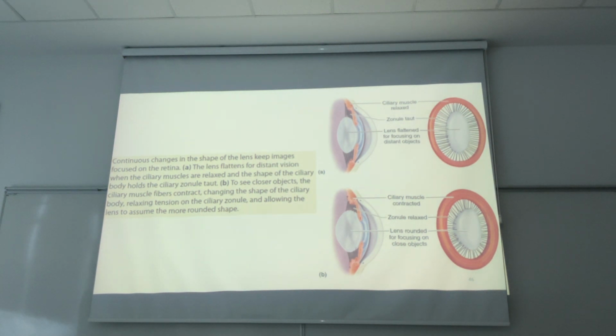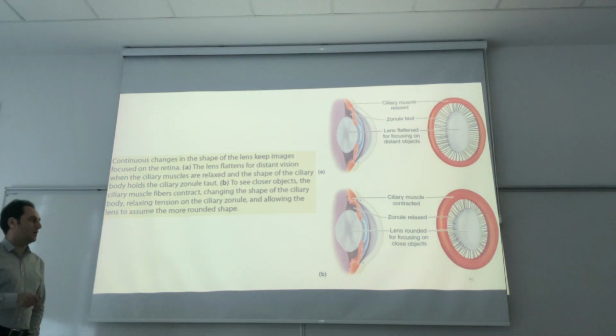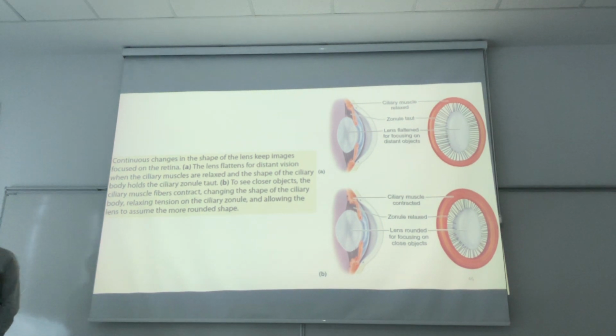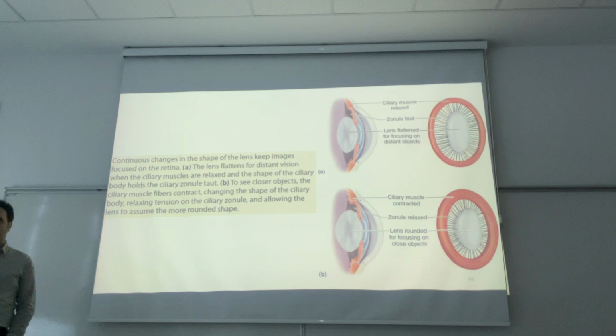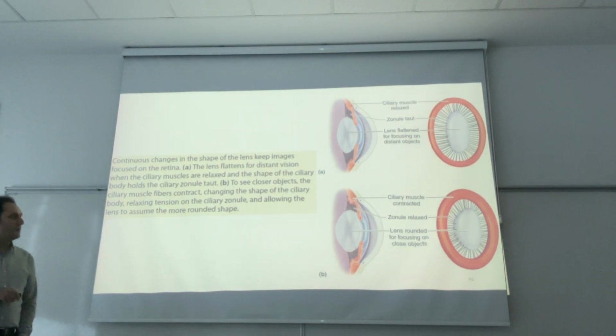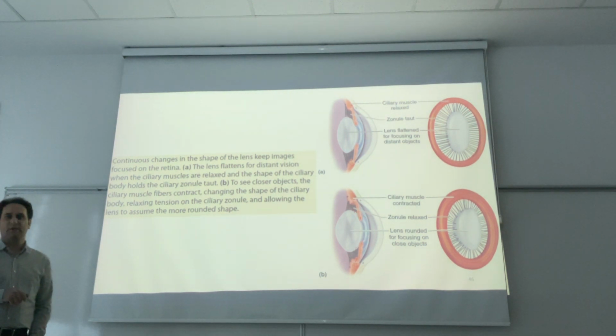Why does the relaxation of the ciliary muscle lead to a decrease in the thickness of the lens? Why? And why does the contraction of the ciliary muscle increase the thickness of the lens?